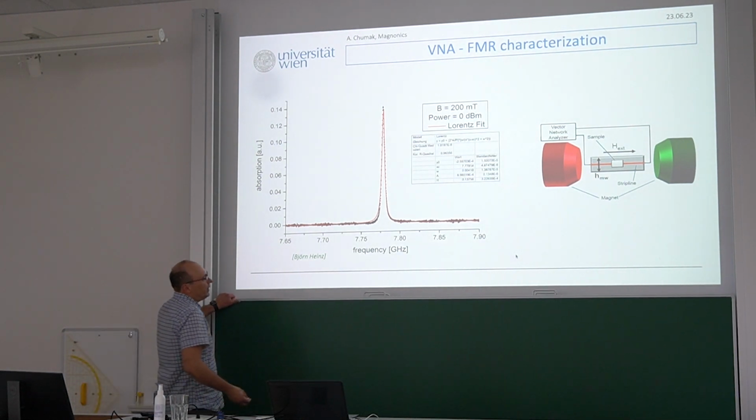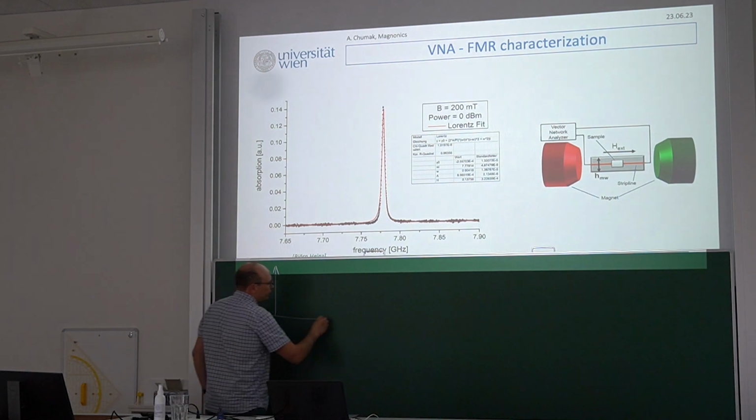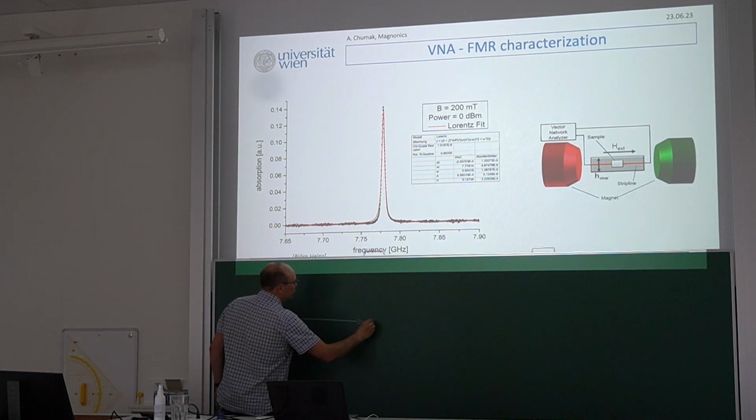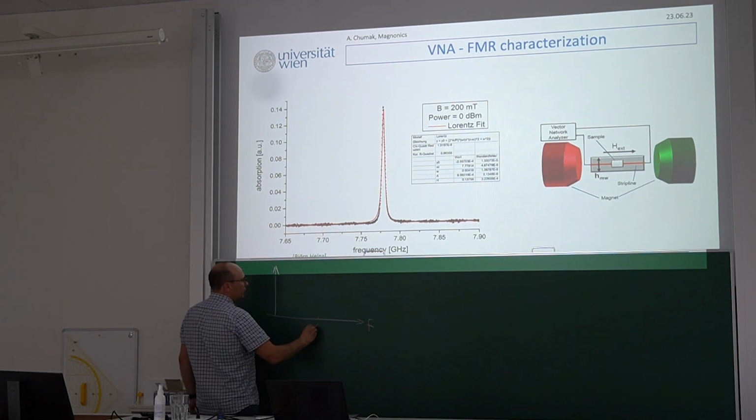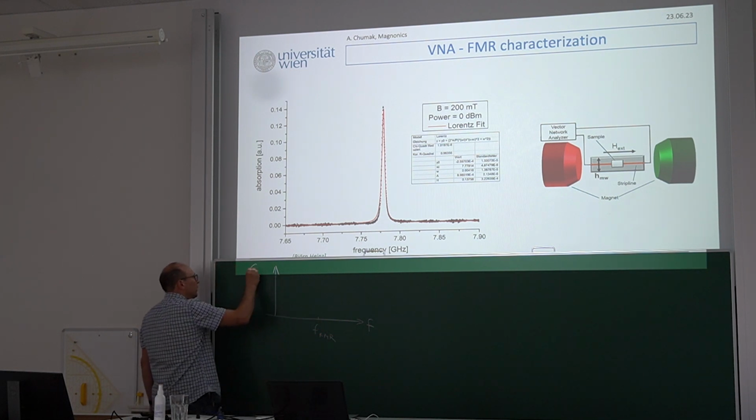What do you measure in reality? You measure the S21 parameter. So this is frequency. Here I assume that this is my FMR, the frequency of resonance, and then I measure S21.